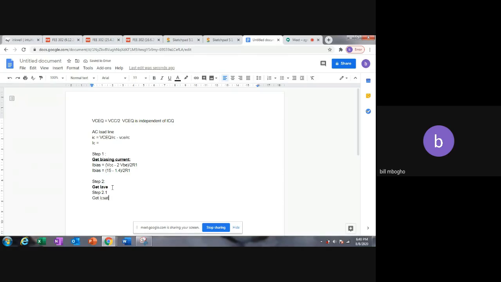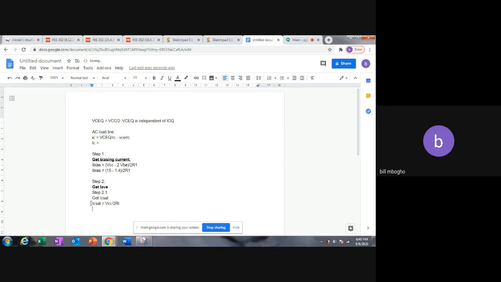And how do we get IC saturation? IC saturation is equal to VCC divided by 2RL. Yeah, this is the formula because of the derivation we went through. VCC divided by 2RL gives us IC saturation.